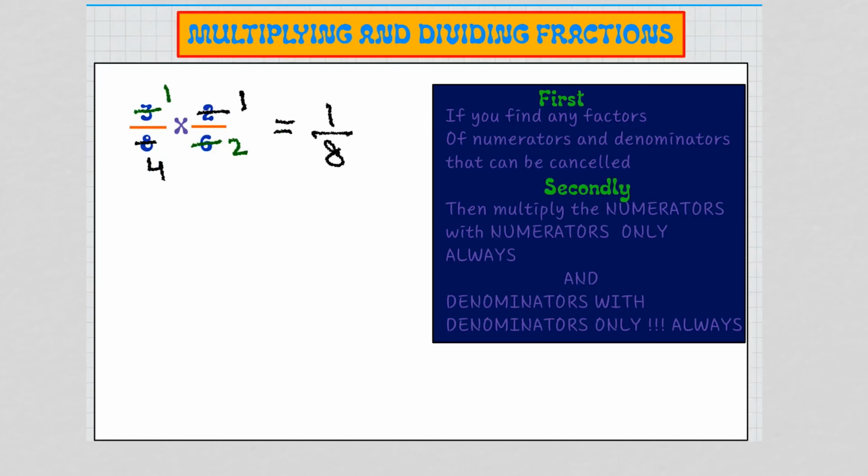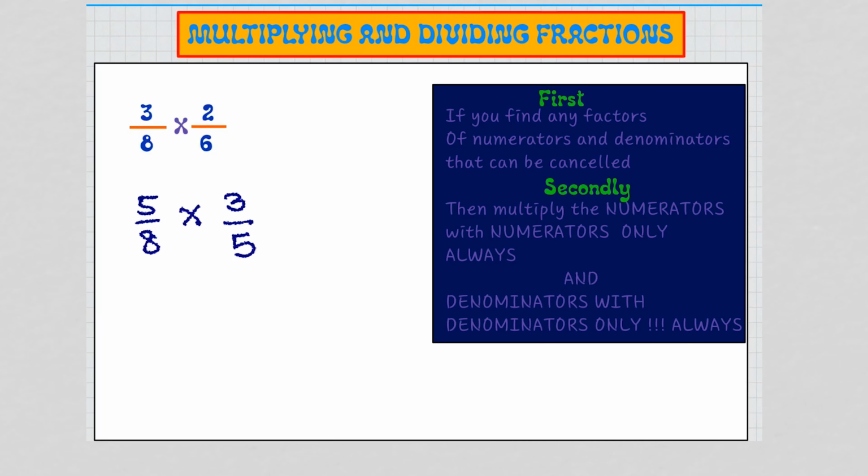Please always remember, you can never multiply top and bottom, never. After simplifying, you multiply numerator with numerator and denominator with denominator. In this case, 1 times 1 is 1 and 4 times 2 is 8. Easy peasy. It's pretty much like simplifying fractions.